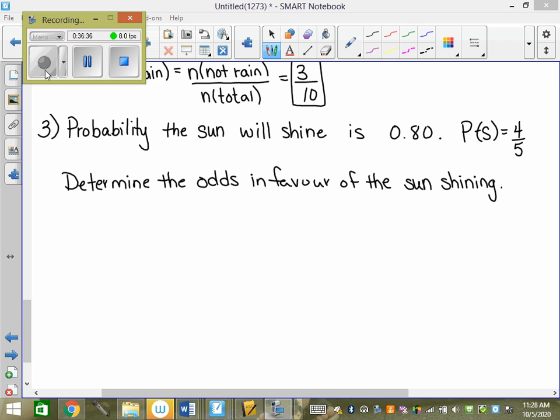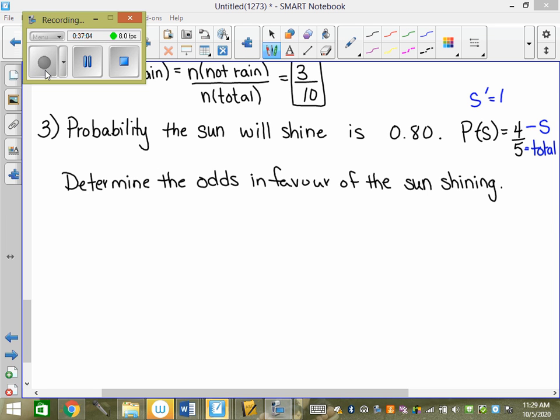So when we have probability, we can still label, correct? So the bottom is always the what? The total. The top is the number of what? Sun shining, right? So what's the not sun shining? 1. Because it needs to add up to the total, correct? So we can pull all of our numbers off of a probability. We can pull all of our numbers off of an odds.